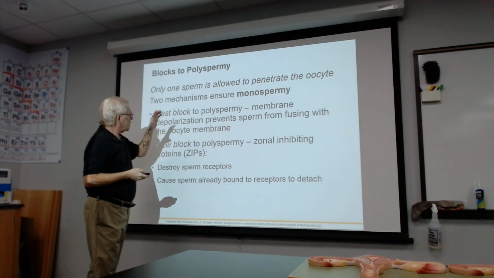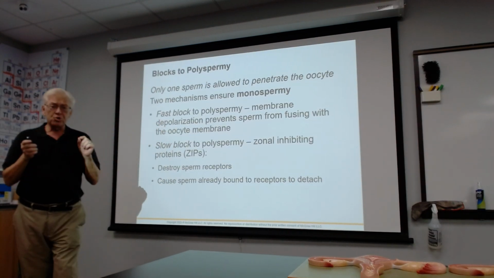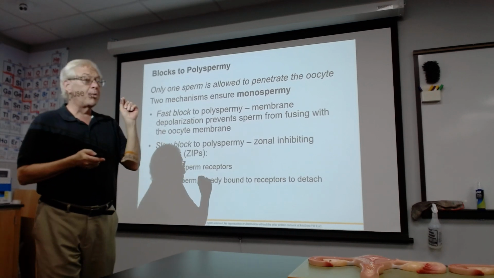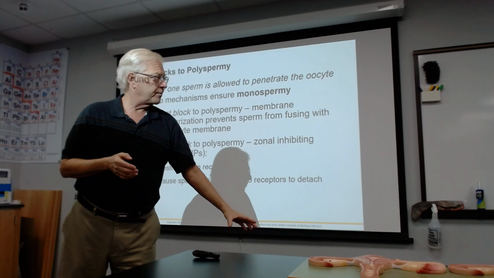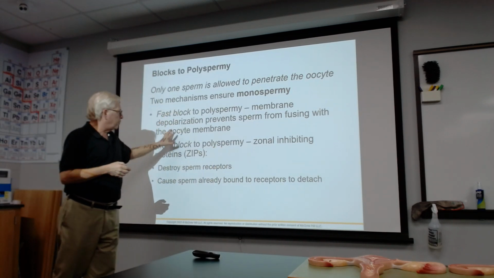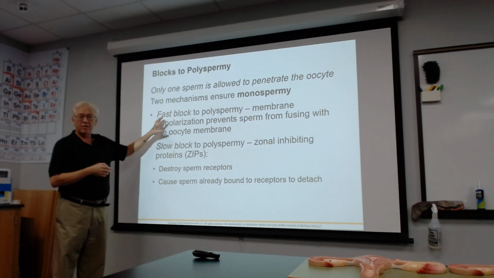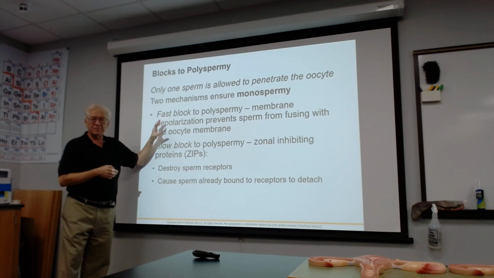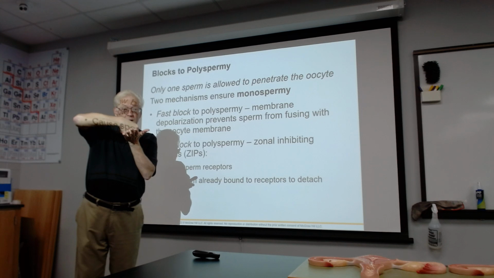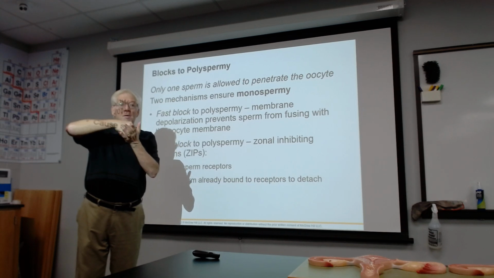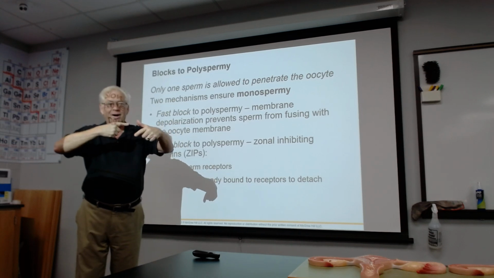So we want to ensure monospermy by blocking polyspermy. That's how that works. There are 2 ways to block it: fast block and slow block. The fast block is as soon as the sperm makes contact with the membrane of the egg, the membrane depolarizes.